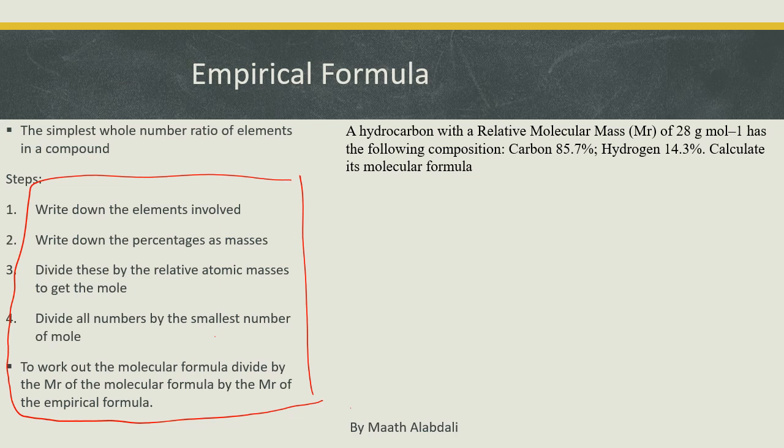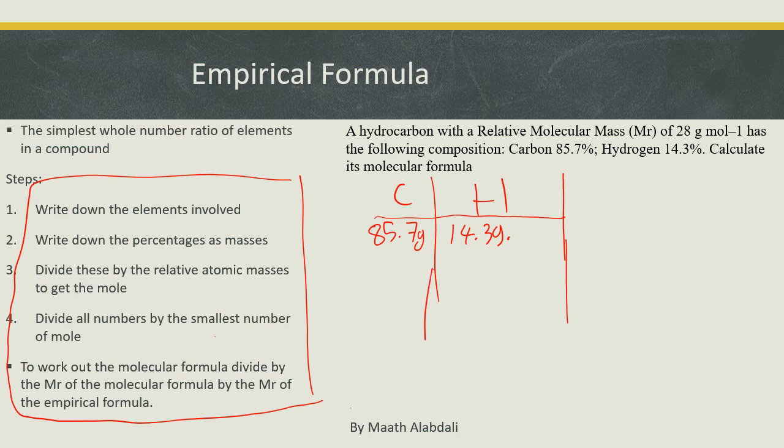In this question, we basically do a table, and from there we can work it out. A hydrocarbon has carbon and hydrogen only. So carbon has 85.7 grams and hydrogen 14.3 grams, because it says write down the percentages as masses.